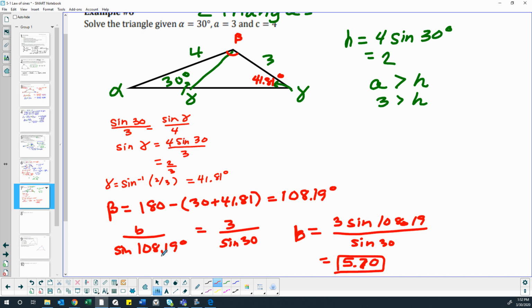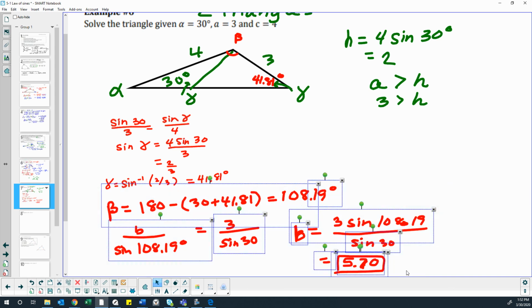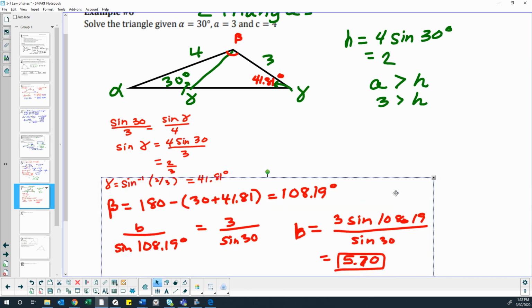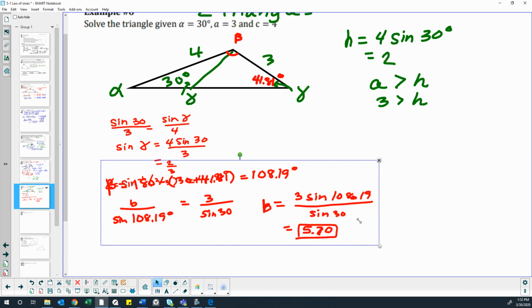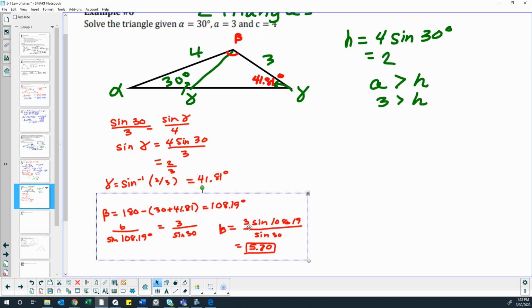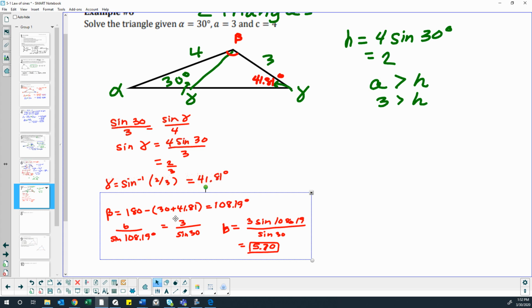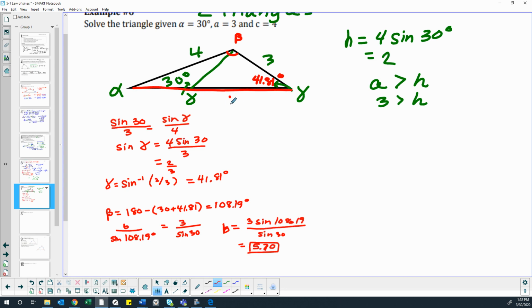All right, so it looks like we've solved this triangle and we're done. However, we know better than that because we know there's actually 2 triangles. So we're not done even though we did solve one of the triangles. So side B that we just found is this right here. Okay, so now let's do the second triangle.